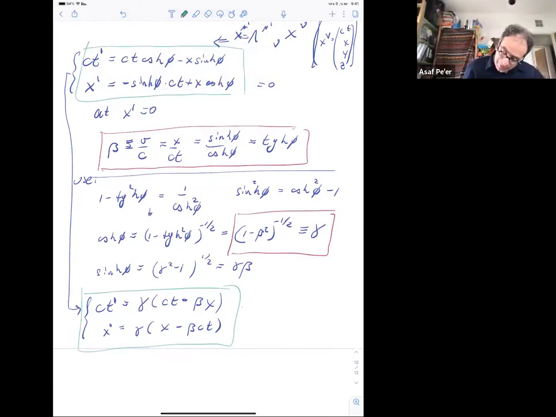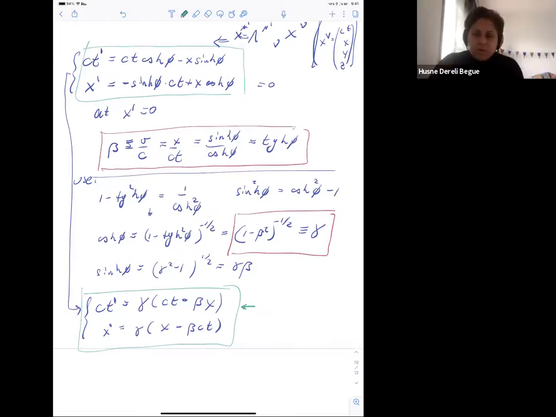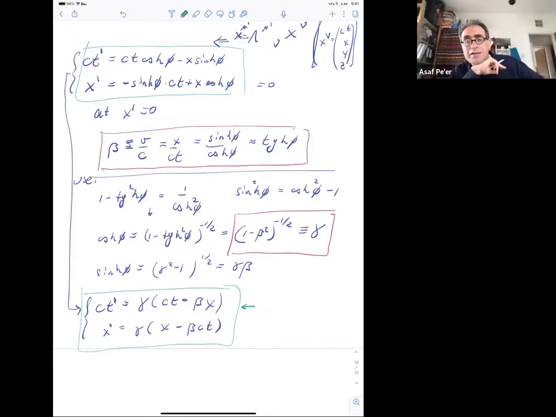Now, does that ring a bell to you? You mean you consider it as a reference frame? No, I consider it as a Lorentz transformation between the frames, the unprimed and the primed. Have you seen these equations before, guys?